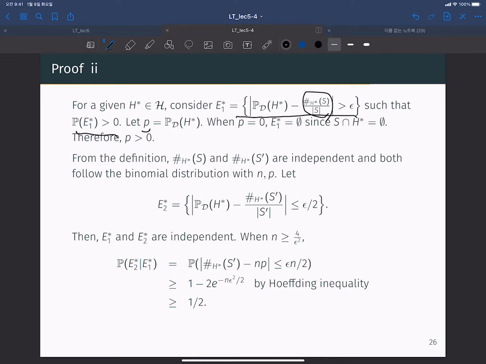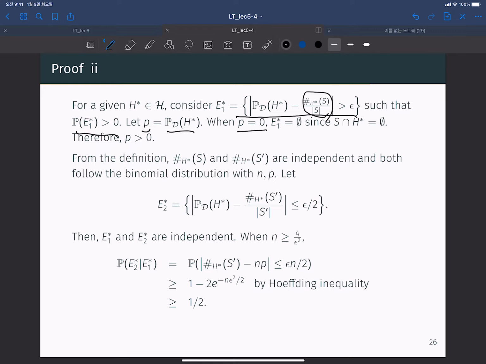Let P be equal to P_D of H star, which means when you randomly sample one data instance from distribution D, it belongs to the positive label area of the H star hypothesis.